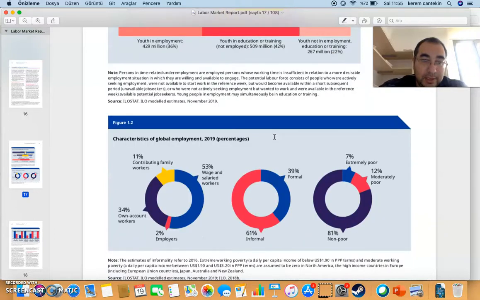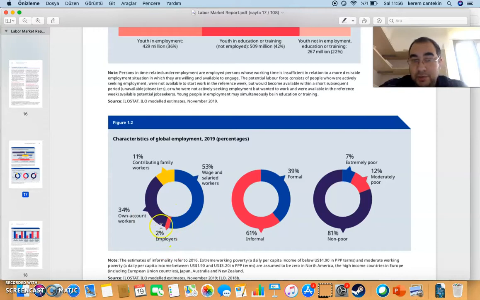You can see the employment types: wage salaried workers, employers 2%, own account workers, contributing family workers. These are people who are working or contributing for the families. Own account workers are, I believe, people who are working for themselves but not employing other people.